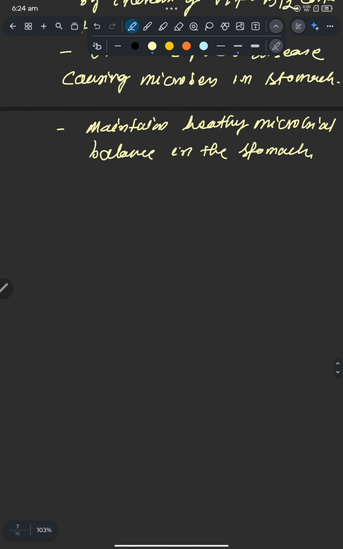So the lactic acid bacteria are beneficial microbes present in both curd and the human intestine.